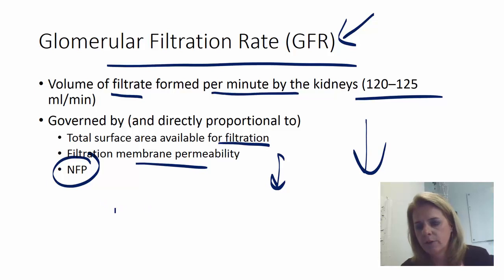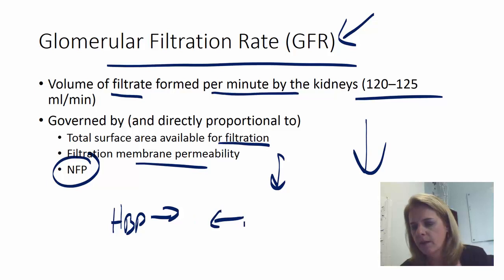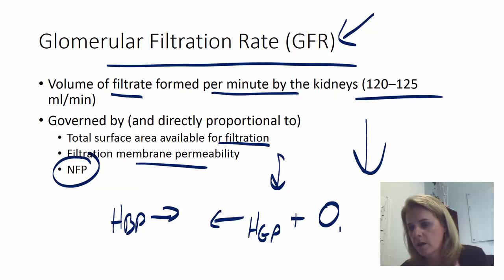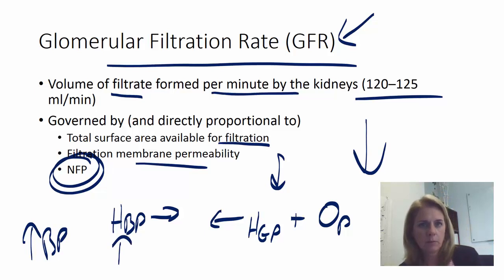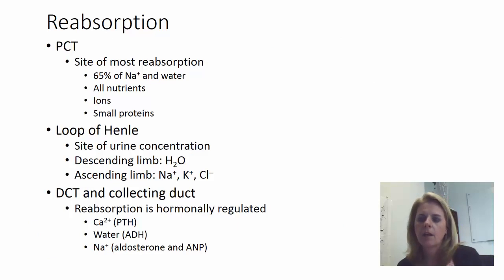Remember, net filtration pressure is the hydrostatic blood pressure pushing out and the hydrostatic capsular pressure plus the osmotic pressure pushing back. Okay, so if any one of these changes, that changes the net filtration pressure. The most obvious thing is if you have high blood pressure, that's going to increase the hydrostatic blood pressure and push things out. Now, we're going to talk more about that as well. We're just laying the stage for how all this works.